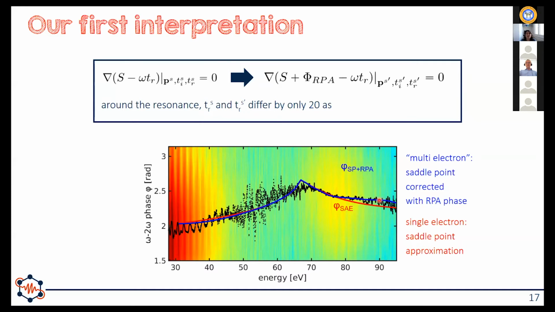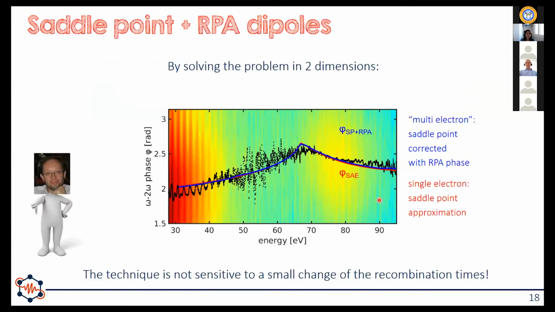So this was why we were saying, okay, we succeeded in getting some information about the timing of this recombination process. But then we discussed with Misha Ivanov. He pointed out our mistake, because our measurement is not perturbative. We have to solve the problem in 2 dimensions, and we have to consider the phase due to the second color component.